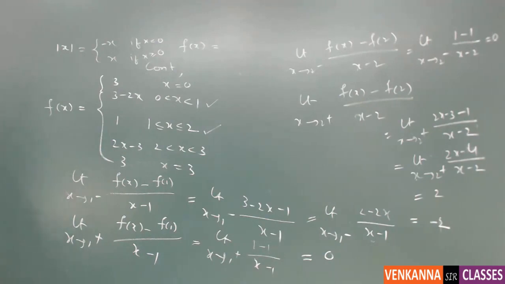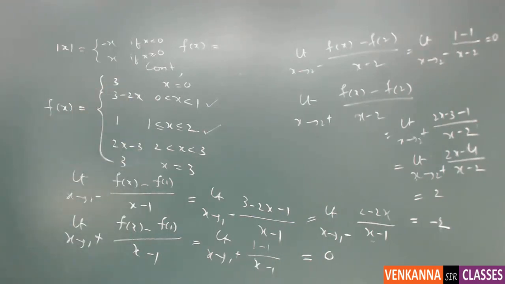So why have I taken this example? Because as we studied earlier in the previous class, even though the function is continuous at the points, there is no necessity that the function would be differentiable at those points. So whenever you want an example of a function that is continuous at the points and not differentiable at the points, you can take this kind of example.